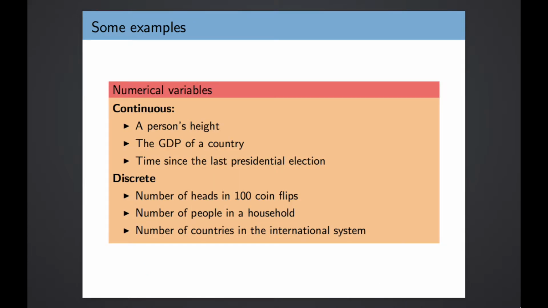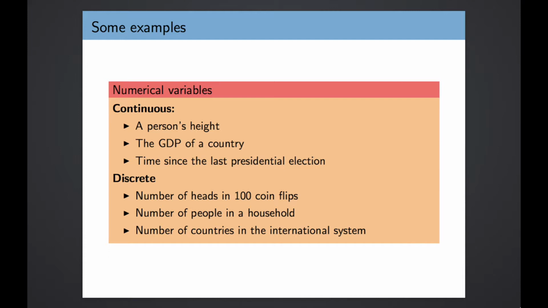So let's talk about some examples of different kinds of numerical variables. First, let's talk about some continuous variables. One example would be a person's height. So this is a variable that we would measure as a number, height in, say, inches or centimeters, and we could measure this variable infinitely precisely. So we could measure it as just height in inches rounded up to the closest inch.